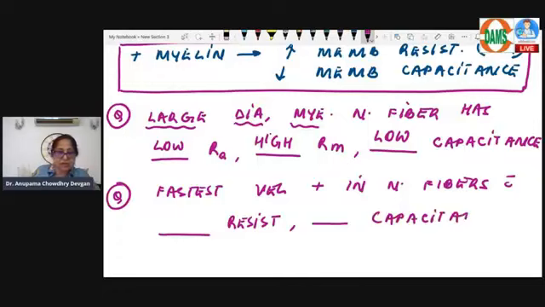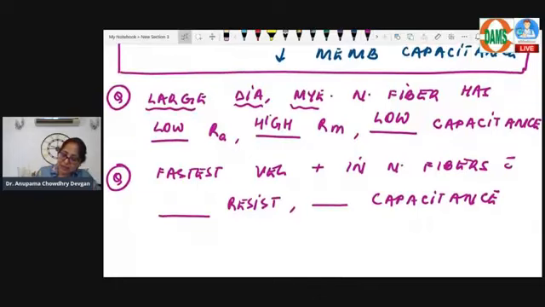Now if it just says resistance, it hasn't specified whether this is axoplasmic resistance or membrane resistance. If it has not specified which type of resistance it is, we have to take it for granted this is the membrane resistance.